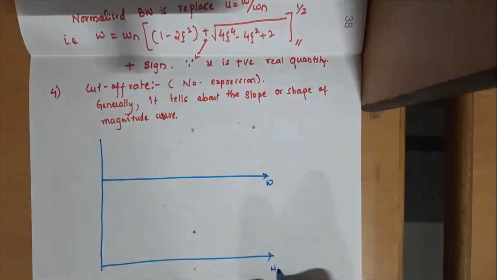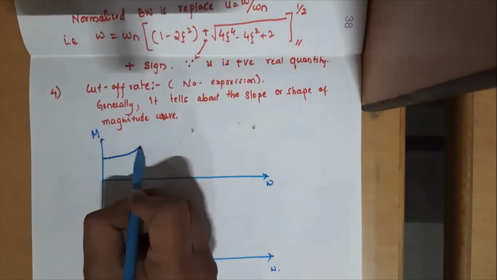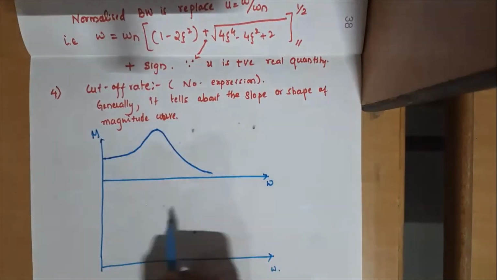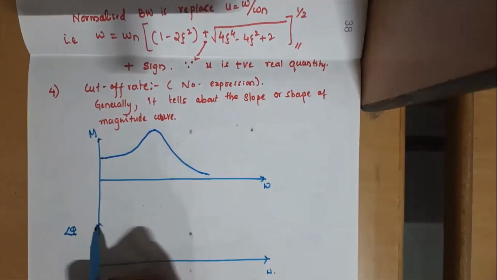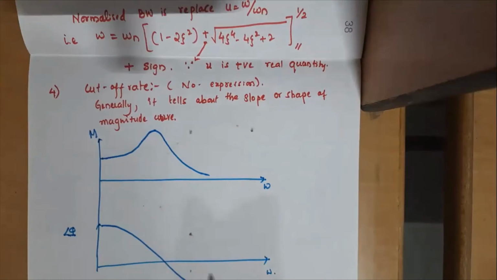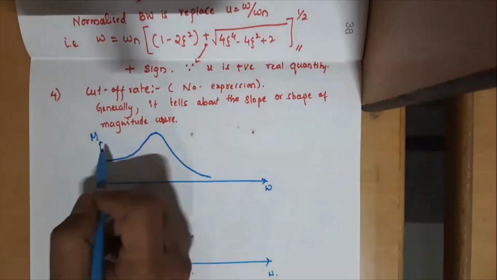Now let us look into the typical frequency response graph. So this is how it looks like, the magnitude plot and the phase plot. 0 degree, minus 10 degree, minus 50 degree on the negative side.